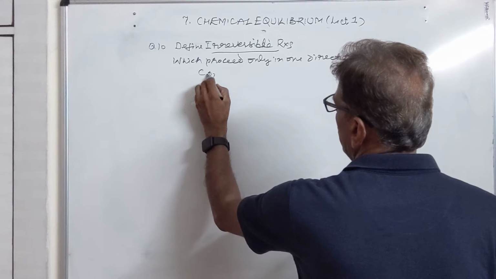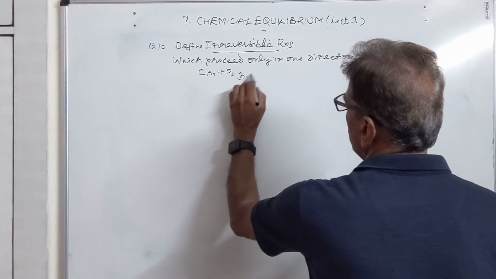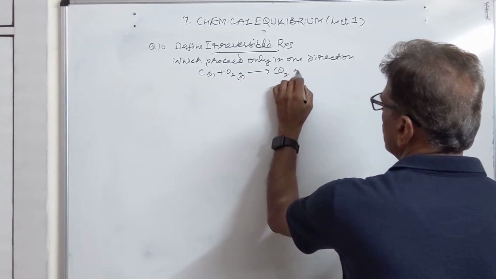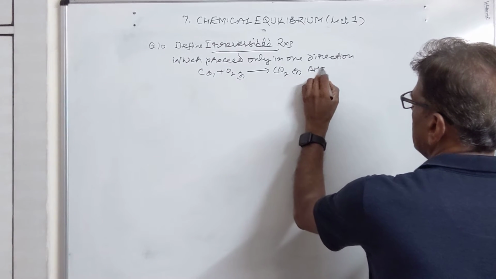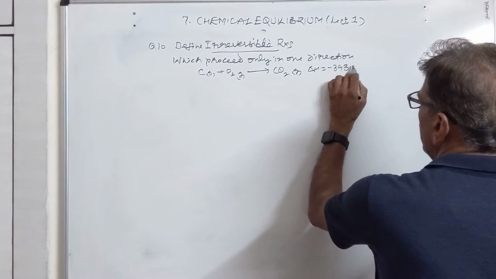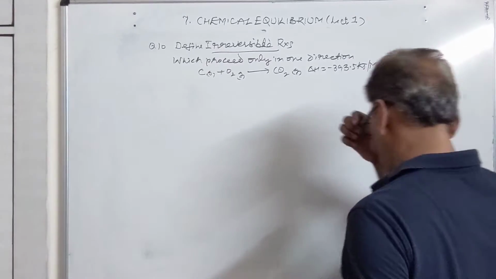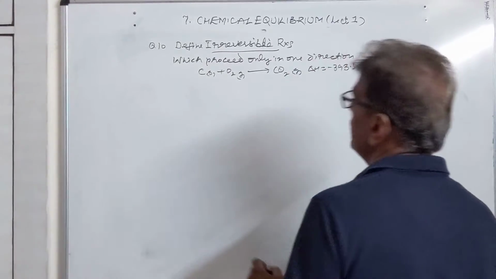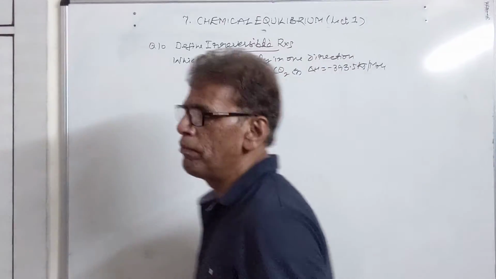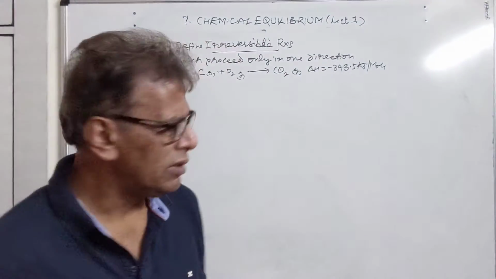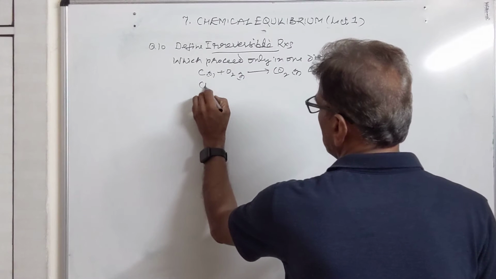An example is C solid combines with O2 gas to give you CO2 gas. Delta H in this case is minus 393.5 kJ. They are called irreversible reactions, so they proceed only in one direction. Similarly, we have the combustion of methane.